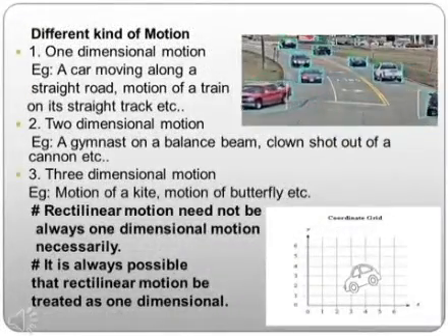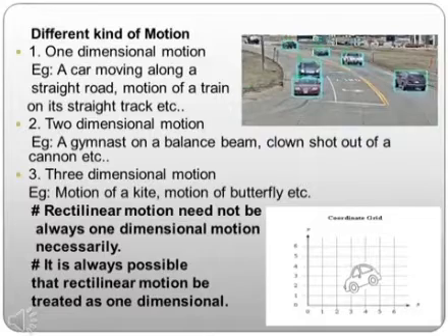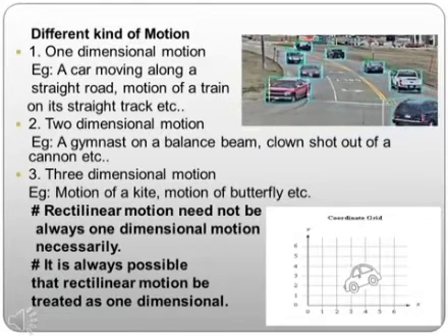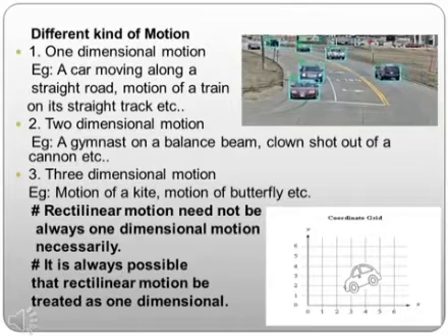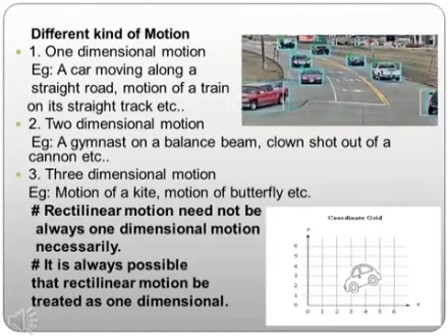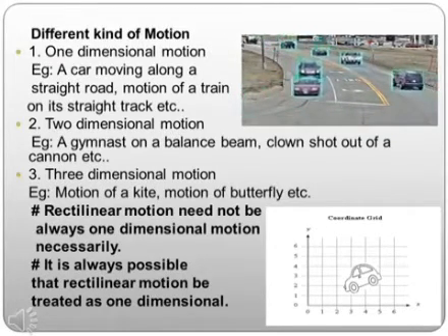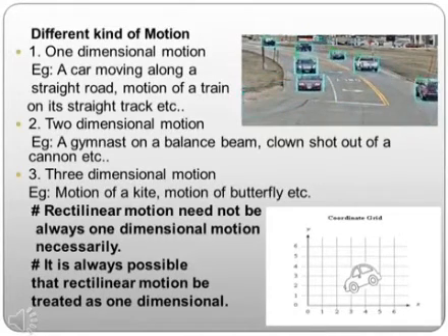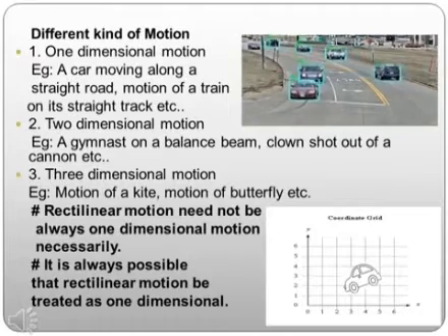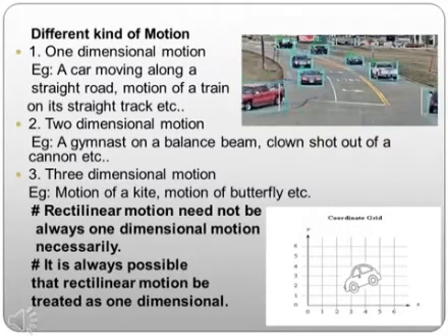Motion can be broadly classified into three types. They are one-dimensional motion, two-dimensional motion and three-dimensional motion. First, one-dimensional motion. What is one-dimensional motion? It is the motion along a straight line which specifies direction.